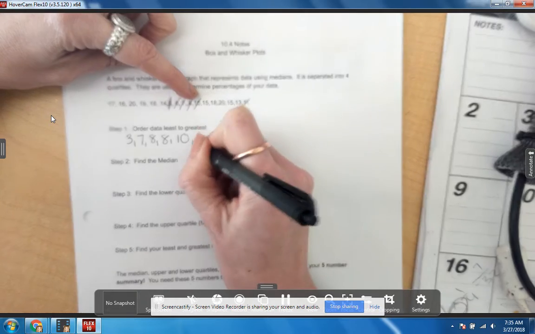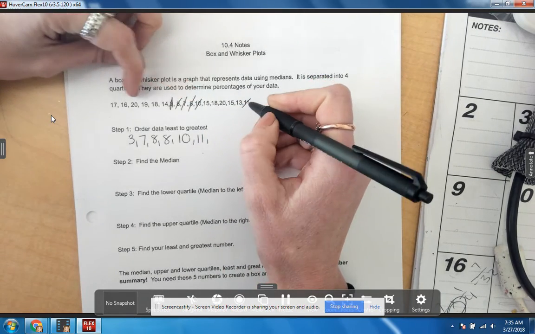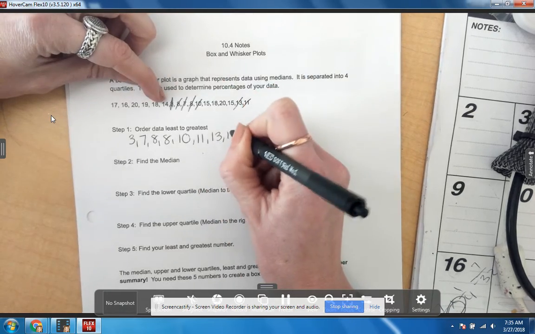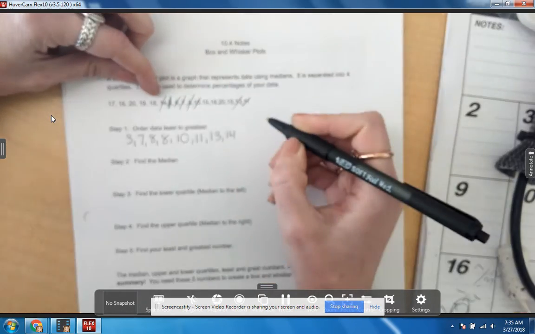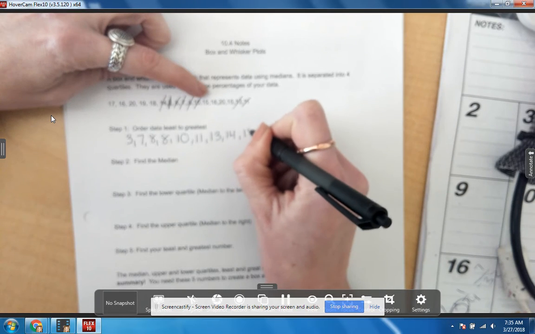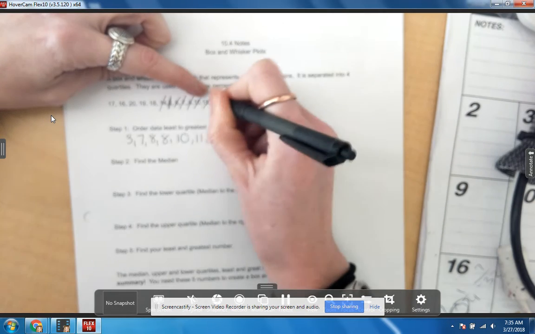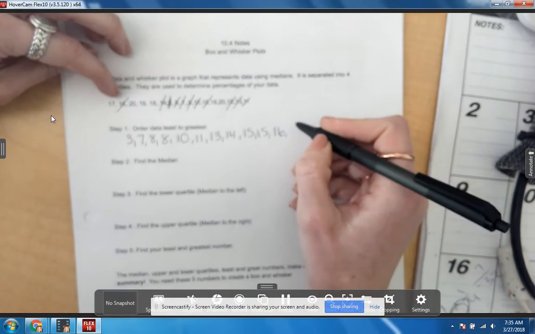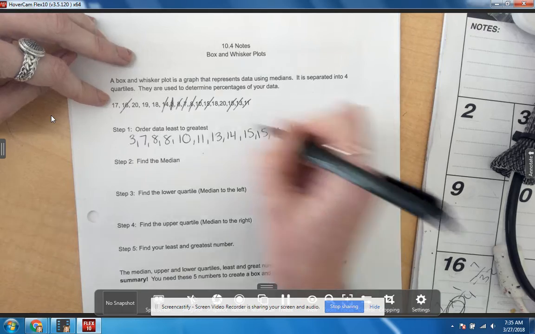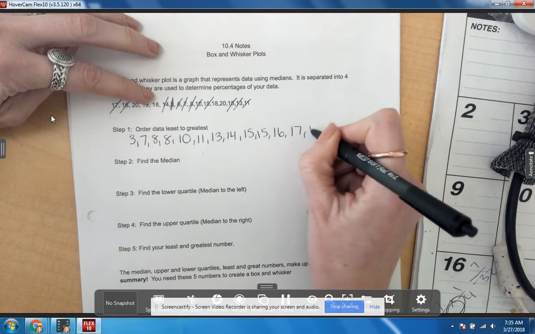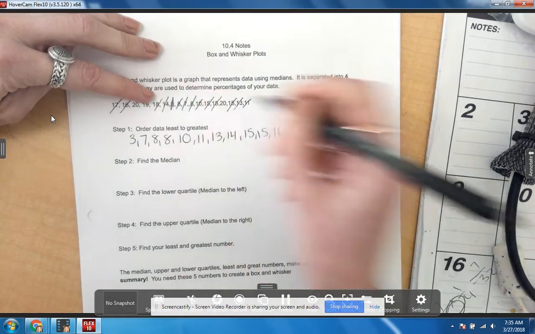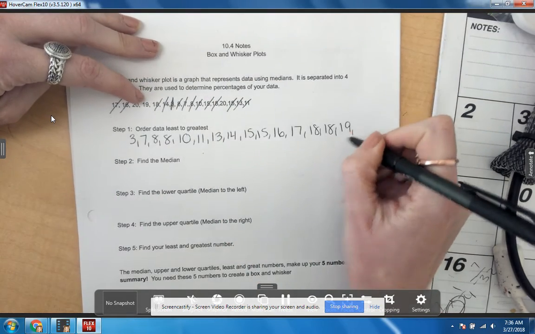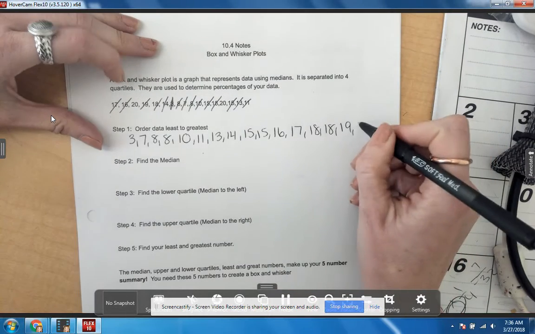And there's an 11, no 12s, there's a 13, okay, 14, 15, looks like there's 2 of those, 16, no 17, oh, nope, there is a 17, okay, 18, 2 of those, so 2 18s, 19, and 2 20s.